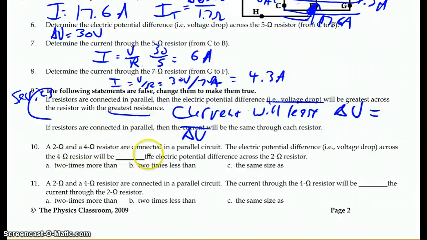Okay, so a 2 and a 4 are connected in a parallel circuit. The potential difference across the 4 ohm resistor will be, and the potential difference across the 2 ohm resistor will be the same. This is another case of those, it doesn't matter what the size of the resistor is, it's the same. If you're talking about the potential difference, it's exactly the same. Now this time it's asking about the current. The current in the 4 ohm resistor will be 1/2 of the current, so 2 times less, through the 2 ohm resistor.